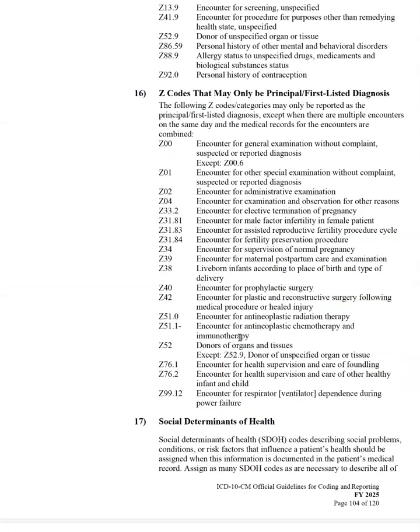And here it is, number 16. So those codes that I was just talking about, those are to be listed as first listed. And in the particular scenario in week 2, that was not the reason for the patient's encounter, so it should not be listed as a secondary diagnosis.